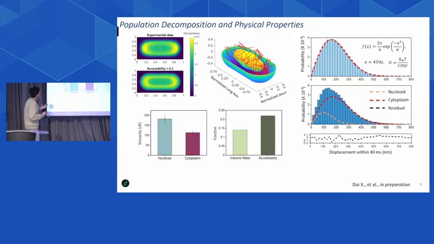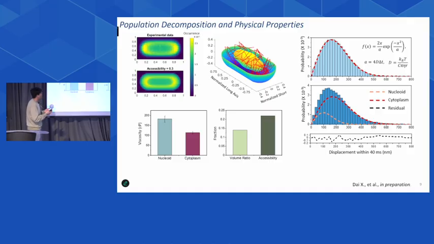And to remind you what we can do with this framework, we can use this static simulation to quantify the accessibility. And also, we can use this reconstructed structure to calculate the volume ratio of the nucleoid. It's another way to show how dense your chromosome is at specific conditions.